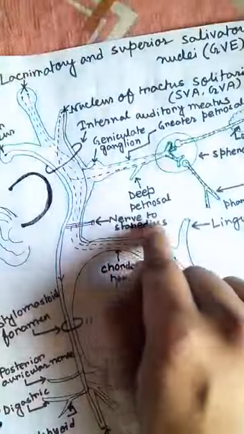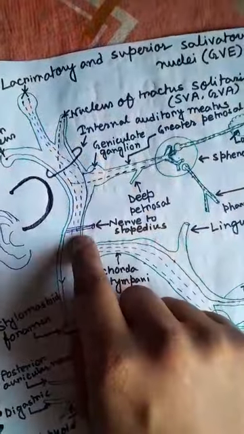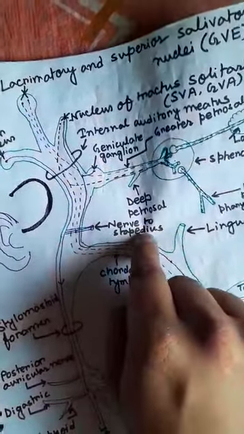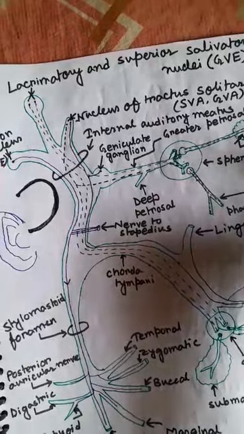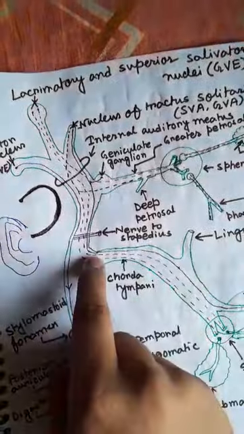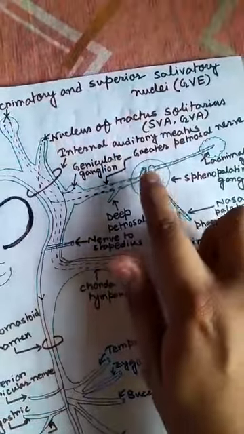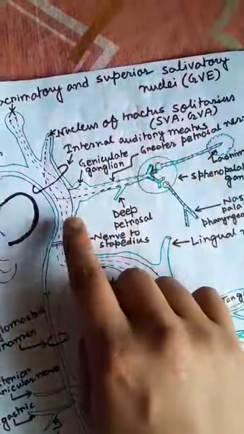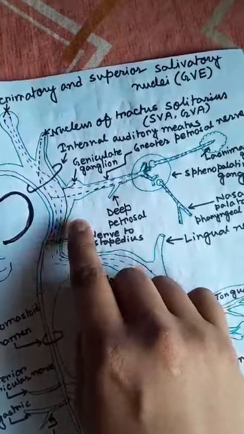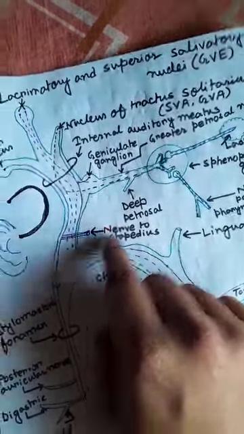Be careful, this is not the nerve to the stapedius. Where is the stapedius muscle located? It is located in the middle ear. So after passing the internal auditory meatus, the facial nerve goes to the internal ear and then to the middle ear.